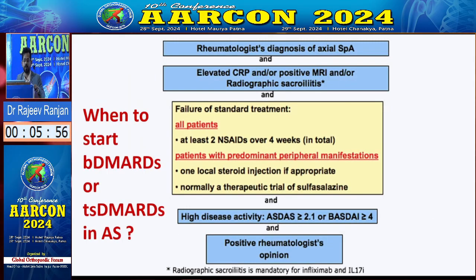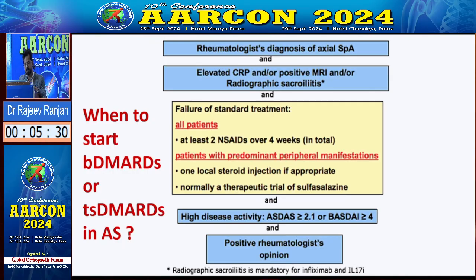So when to use a biological DMARD or targeted synthetic DMARD in ankylosing spondylitis? Obviously, there is a diagnosis of ankylosing spondylitis by a rheumatologist, with high inflammatory markers in the form of CRP, which is positive evidence of inflammation, and failure of NSAIDs, at least 2 NSAIDs over 4 weeks with no response, or the patient is having high disease activity.